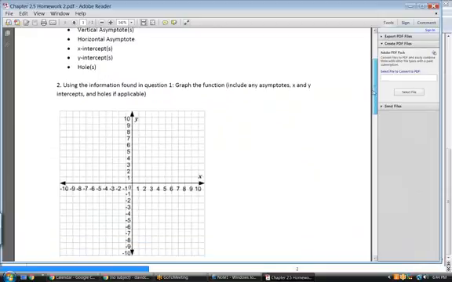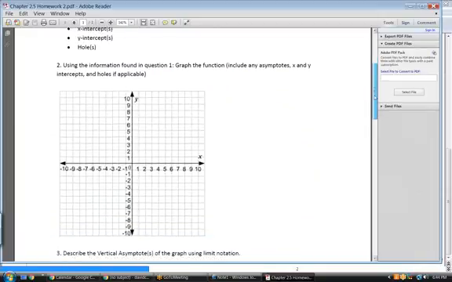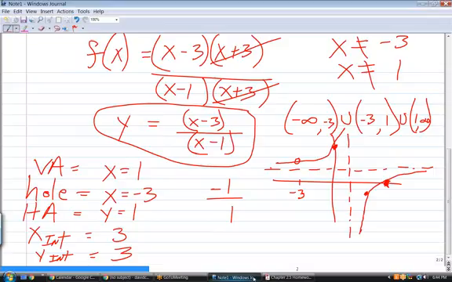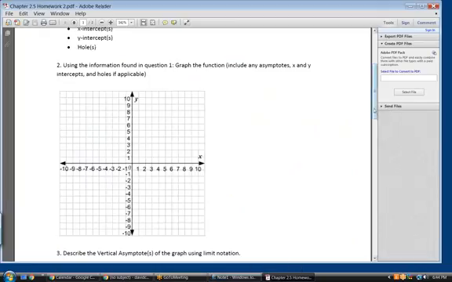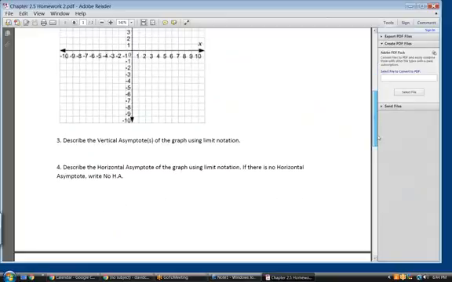It asks us to graph it, show the asymptotes, the intercepts, and the holes. We did all of that already. Describe the vertical asymptote of that graph using limit notation.